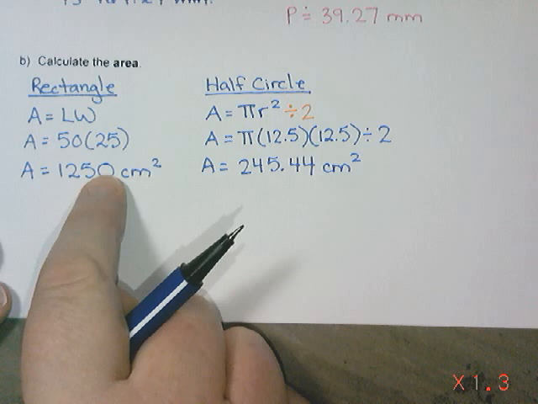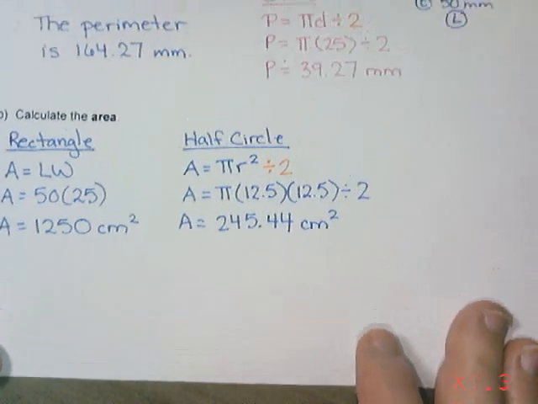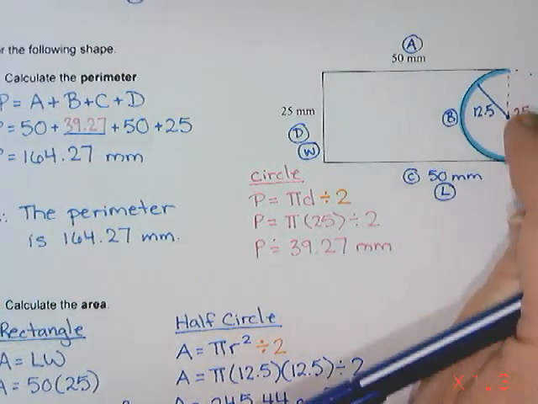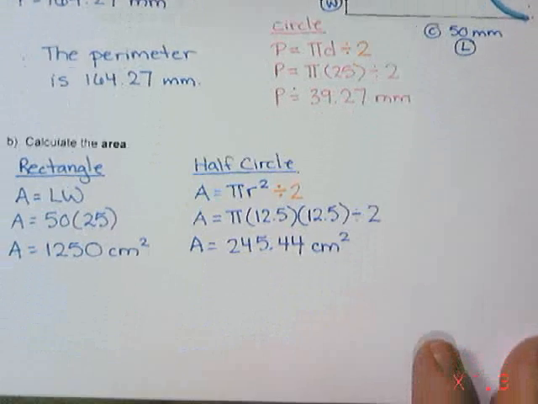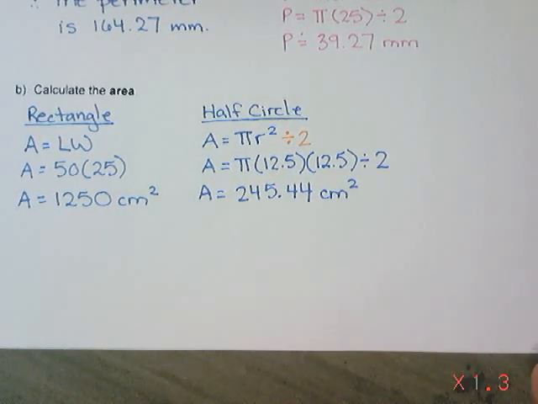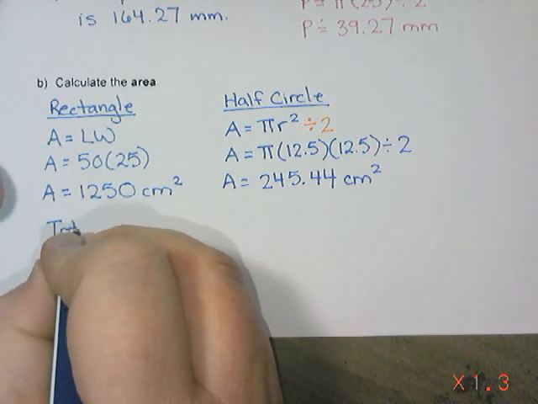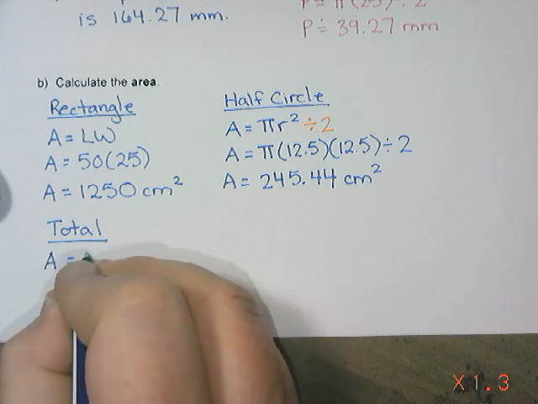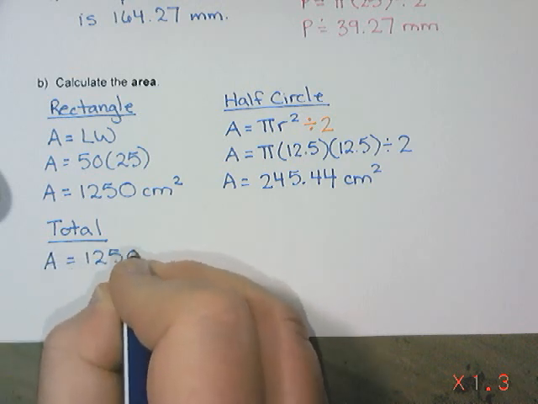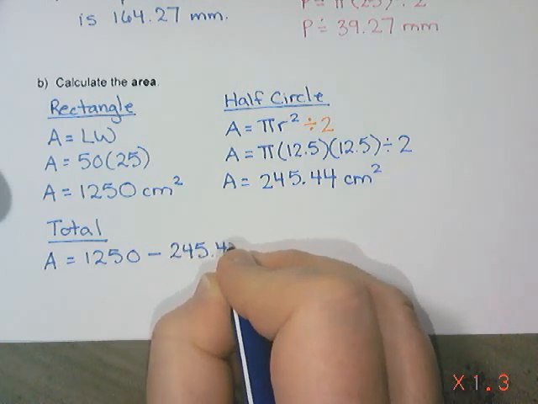Okay, so I have the area of the rectangle. I have the area of half of the circle, but in this diagram, the circle has been removed from the rectangle. So we're going to take the area of the rectangle and subtract the half circle. So to get my final shape, my total, I am going to do 1,250 minus 245.44.